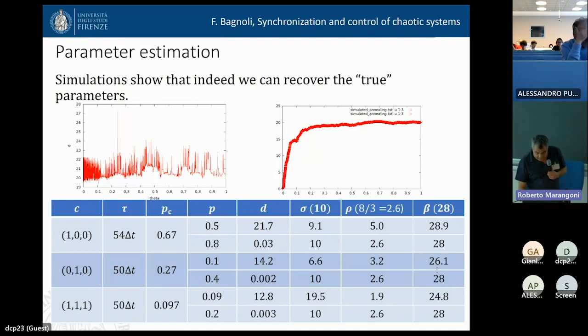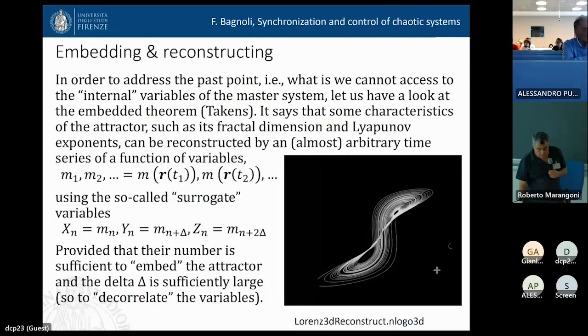Okay, this is very nice, but this all again assumes that I'm able to measure the real coordinates of the system, which is not really possible for every system. So now let's suppose that I can measure only a function of the variables and not a single variable.